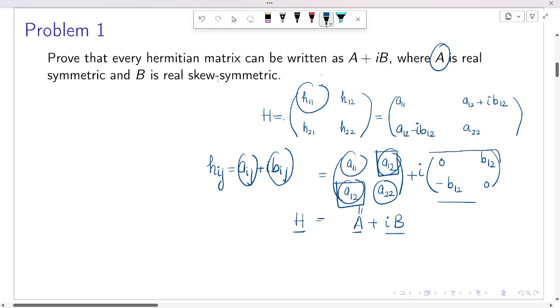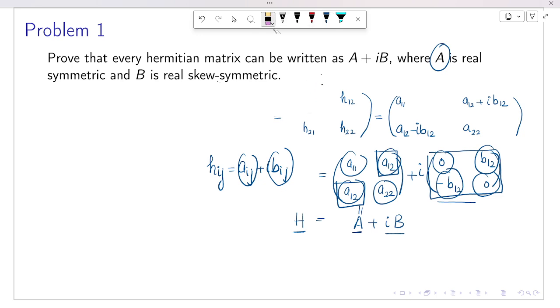Similarly, this is a real matrix as B12 is a real number, and as diagonal entries are 0 and these entries are negative of each other, this matrix is skew symmetric. So this way we have expressed the Hermitian matrix H as a sum of symmetric plus iota times skew symmetric matrix. So let us write the detailed solution of this problem.